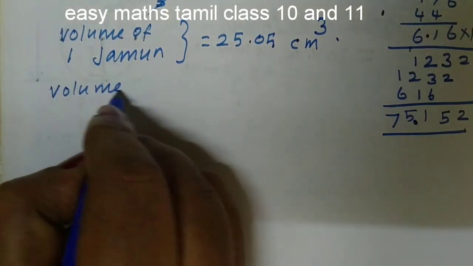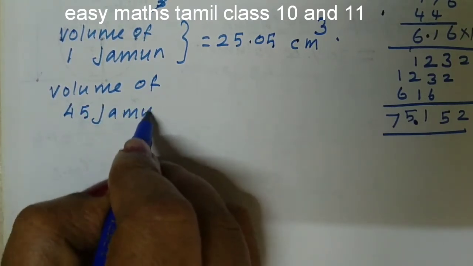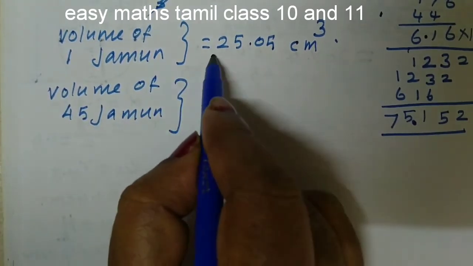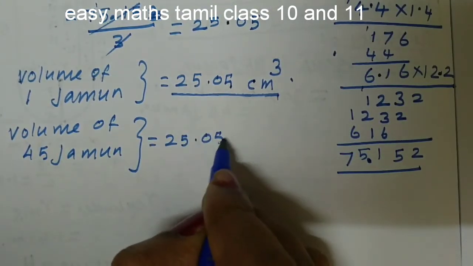Volume of 45 jamuns is this value multiplied by 45. 25.05 into 45.